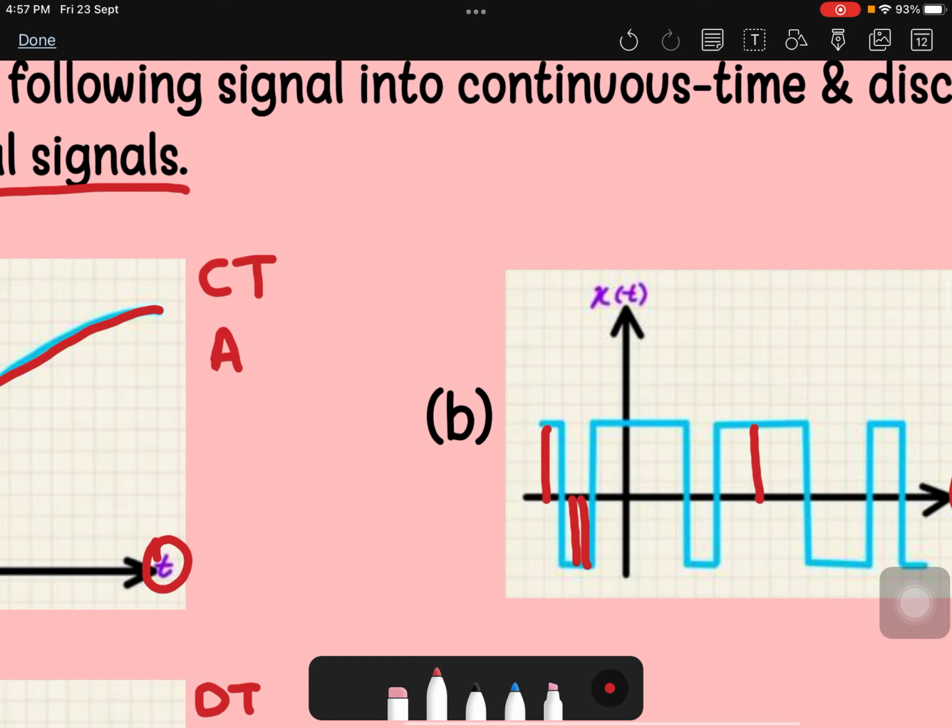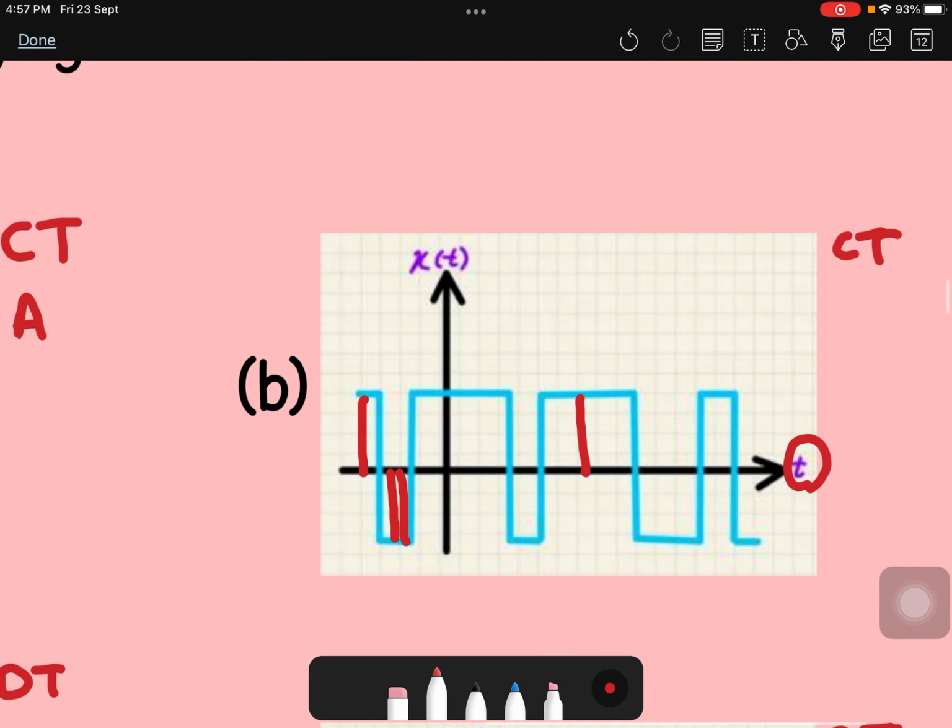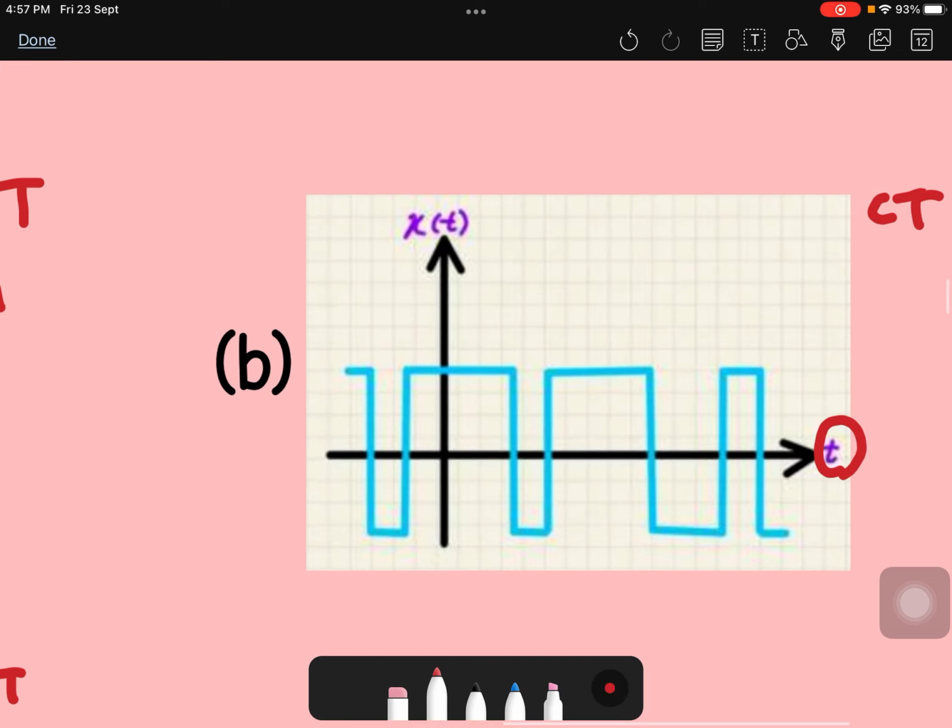Now if we look at figure B here, within this time range, let me delete this so we can write on it again. Within this time range, we can see that the amplitude of the signal varies between only two values, let's say maybe this is positive 2, for example, and this is minus 2.